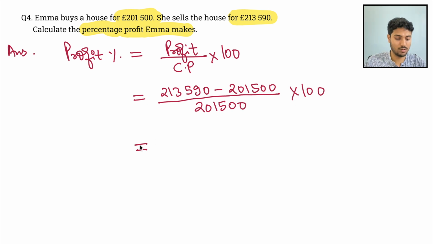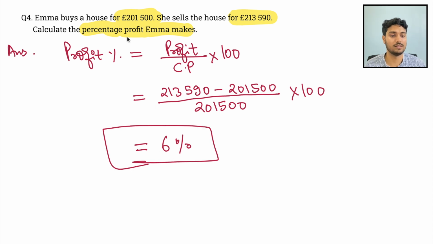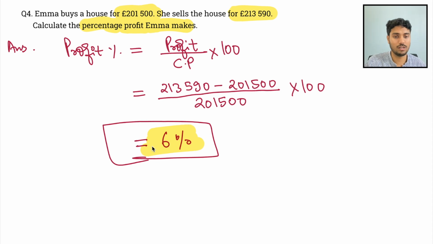So let's do this. 213,590 minus 201,500 divided by 201,500 multiplied by 100, and the answer is 6. So she's going to make 6% profit, and that's the answer. Let's move on to the next question now.